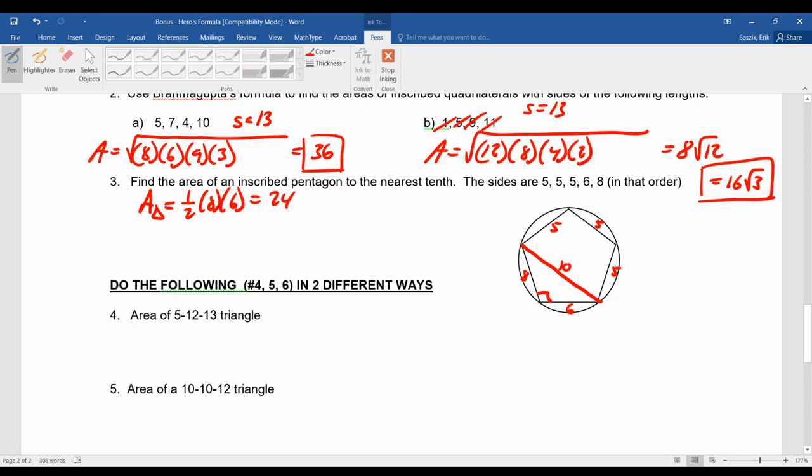Now the quadrilateral, we can use Brahmagupta, and we got a semi-perimeter of 12.5. Okay. If you add all those up and divide by 2.